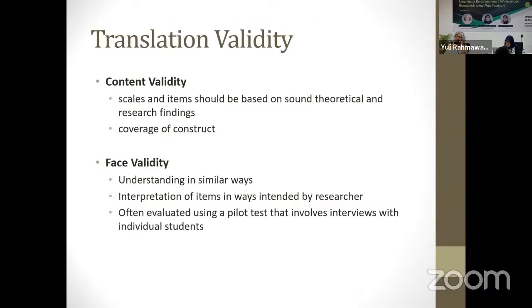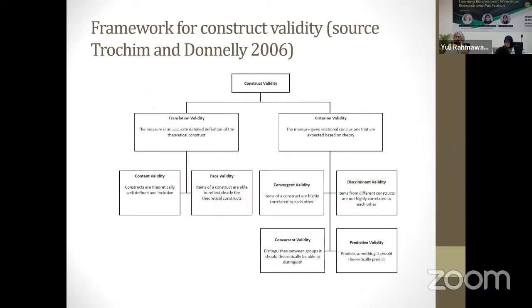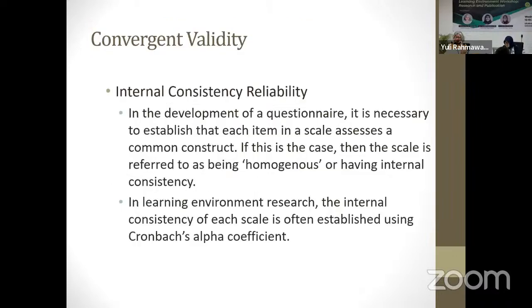Translational validity, as I talked about, looks at content and face validity. And construct validity is, again, repeated for some reason. For convergent validity, we look at the internal consistency reliability, which you have done today.